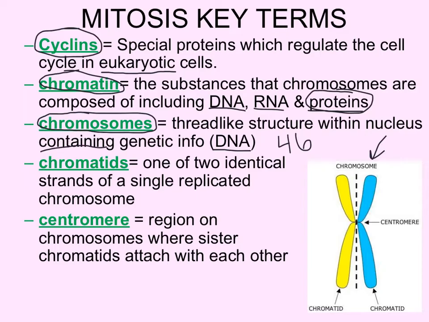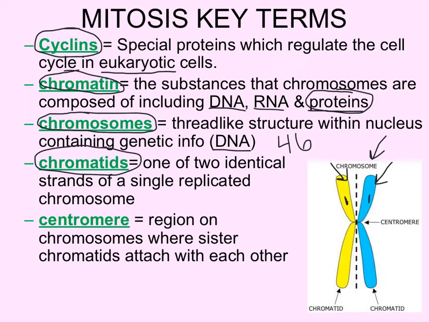Chromatids, very similar to chromosomes. This blue arm of the chromosome and this yellow arm, those are exact copies of each other. So this blue one right here, it made an exact copy of itself. I know it's yellow, but this is an exact copy.